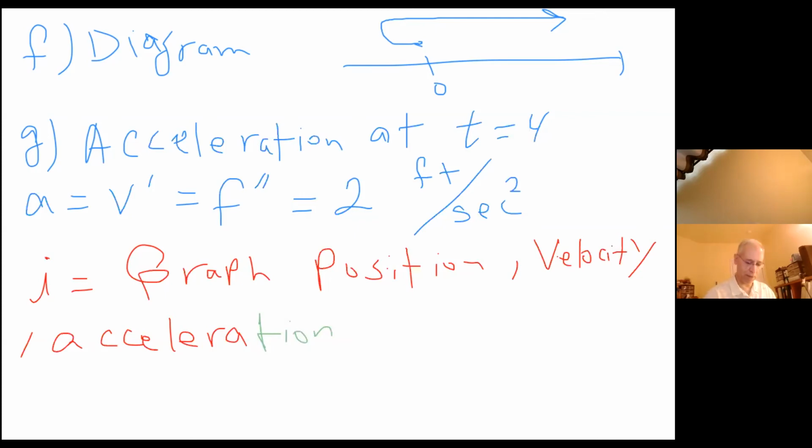So I'm going to go ahead and write here, use calculator. It's going to take me forever on this iPad if I try to graph it for you.